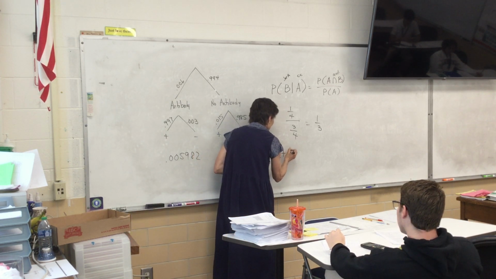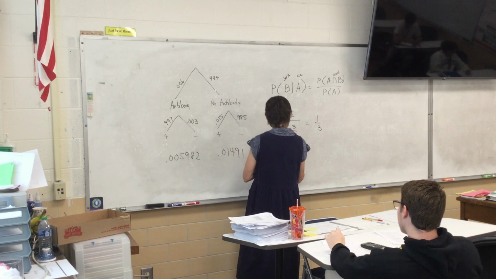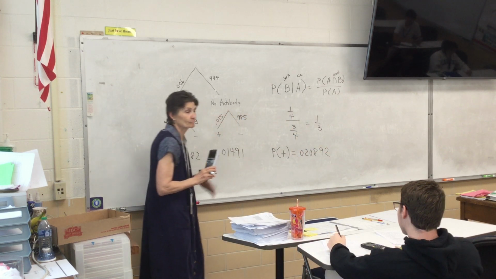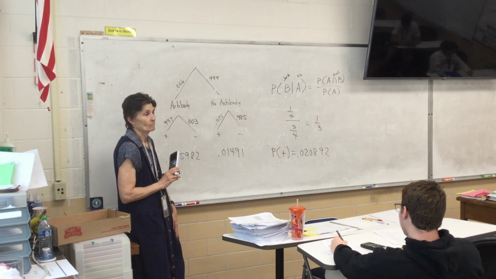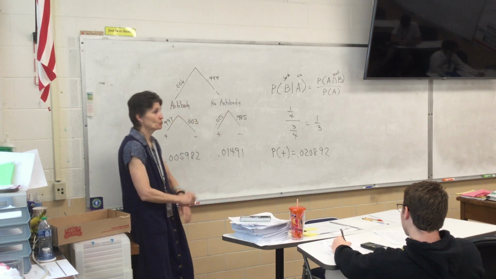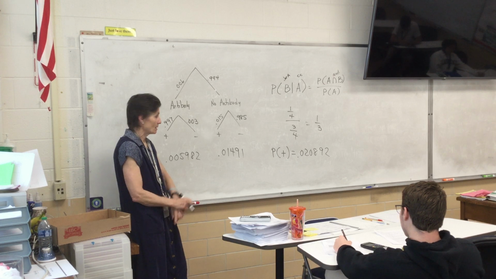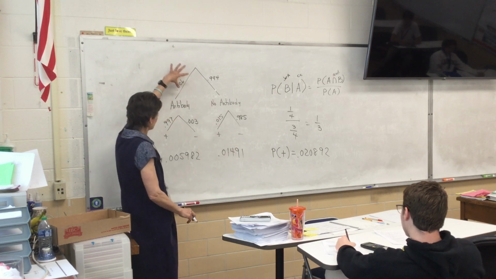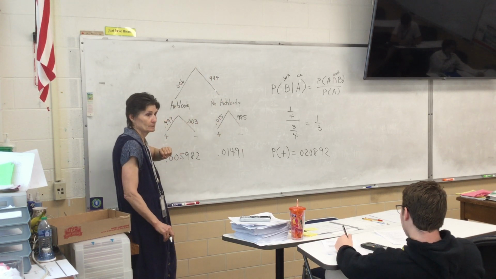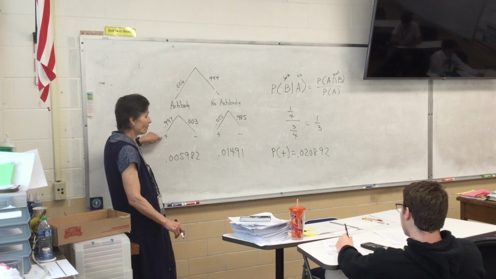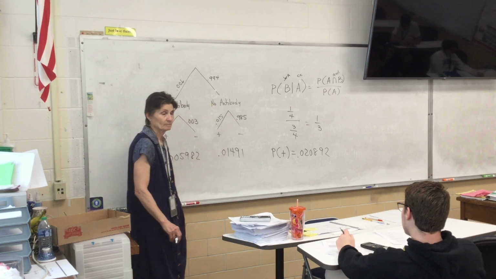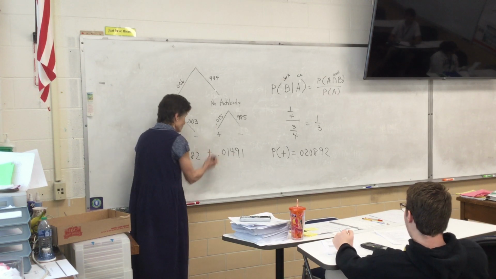So the probability of being positive is 0.020892 if I typed it in right. So if the question said, what's the probability you will test positive? That's it. I test positive here, or I test positive here. So antibody and positive, no antibody and positive. So the total would be those two added together.